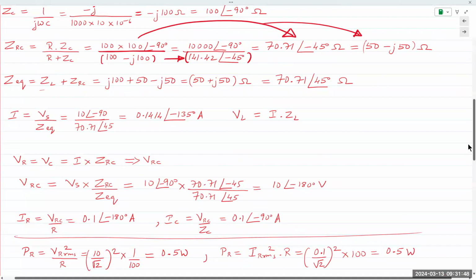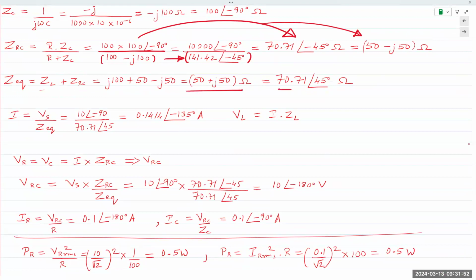Once I add that, I obtain 50 plus j50 ohms, or in polar coordinates, a magnitude of 70.71 with a phase angle of 45. The reason I want it in polar form is because I'm about to perform a division. I want to find current. V equals IZ from Ohm's law.